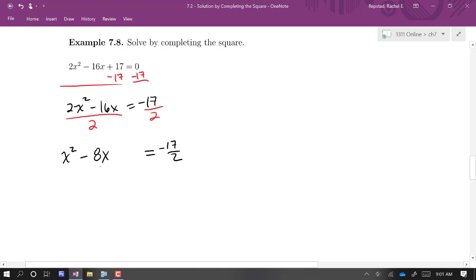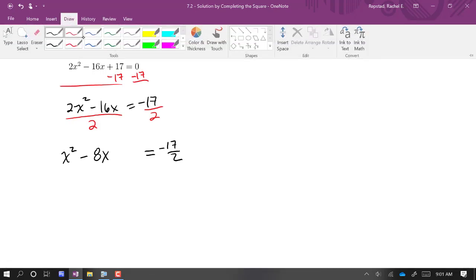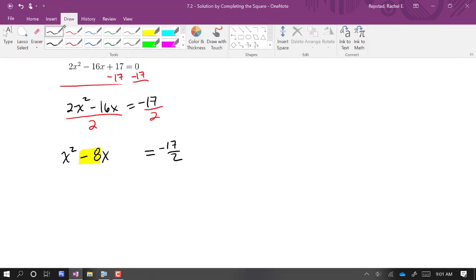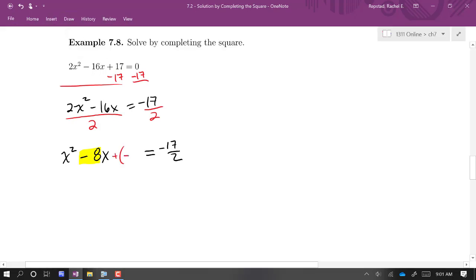Now we're ready to complete the square. So as before, I take a look at this coefficient, including the sign. So I got a -8. I'm going to cut that in half and square it. So I'm adding the square of -4. And, you know, the square of -4 is still positive 16. But I write it this way because it's going to make my next step easier.